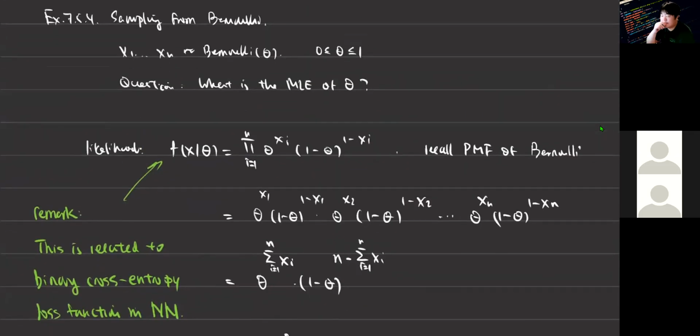The reason I'm mentioning this is because when I first learned this concept of MLE, I had no idea where it's used, and I had no idea why this is important. It was about 2 years later, when I learned neural networks, that I finally realized, okay, this stuff is important.